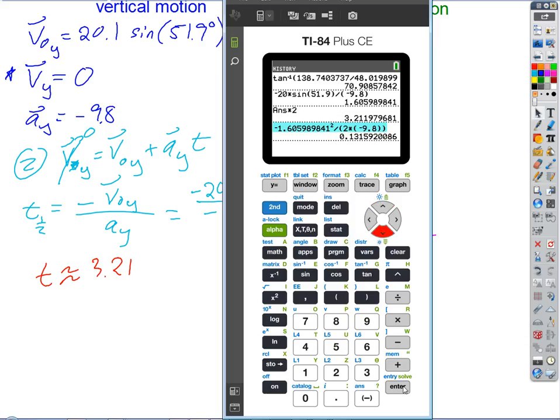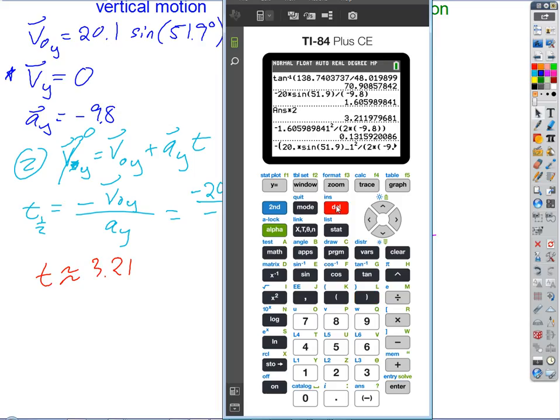So if I just go back and edit this, here, let's do this. We're going to go back, and I'm just going to use V naught sub y is just 20.1 times the sine, right? So we'll just make it that. 20.1 times sine 51 point, oh my gosh, 0.9. And then I gotta delete.